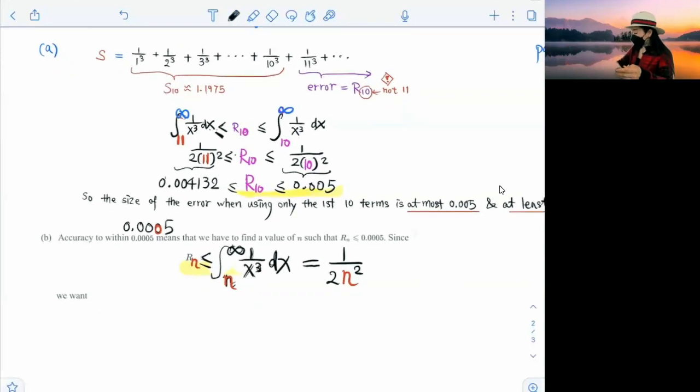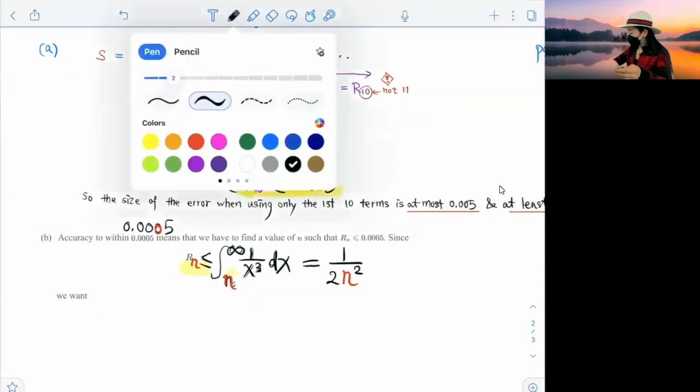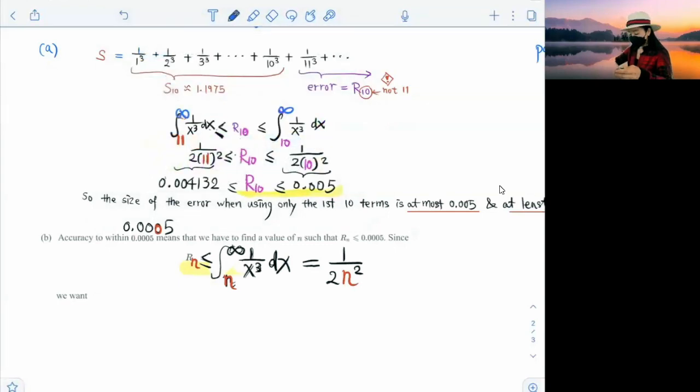So what do we want? We want this to be strictly less than 0.0005. When they say within, it means strictly less than, so there's no equal.